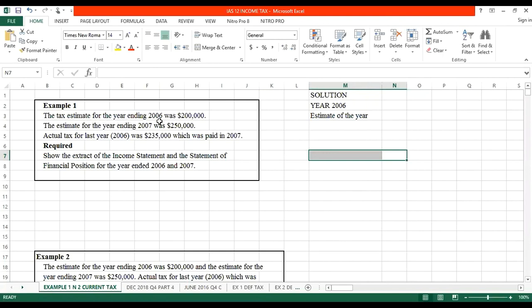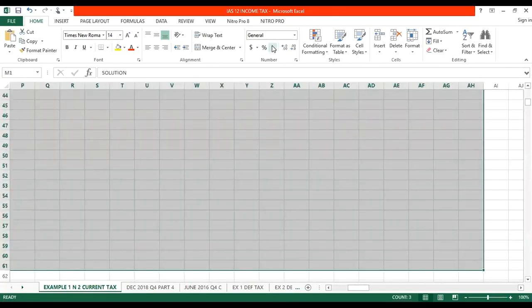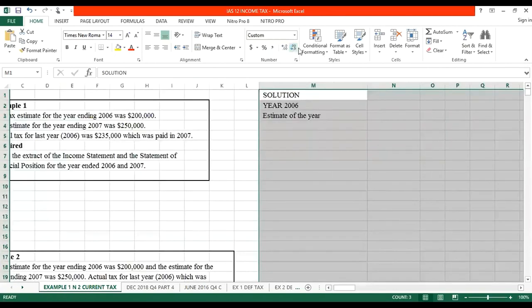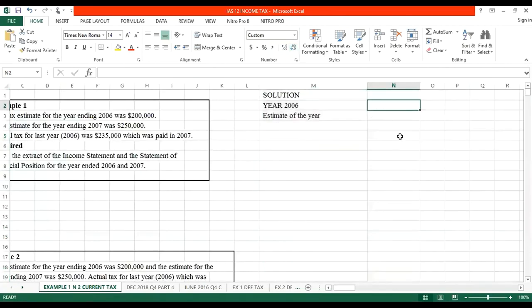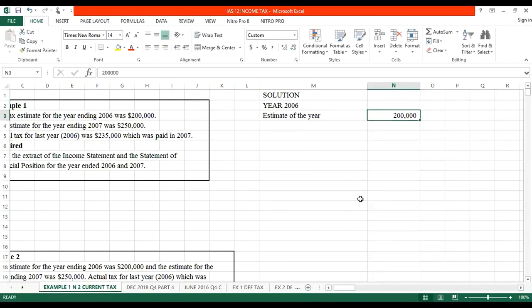The tax estimate for the year ending 2006 was 200,000. So, estimate of the year, you can all see it is 200,000. I hope we are together. I've put it in the wrong place. Estimate of the year is 200,000.